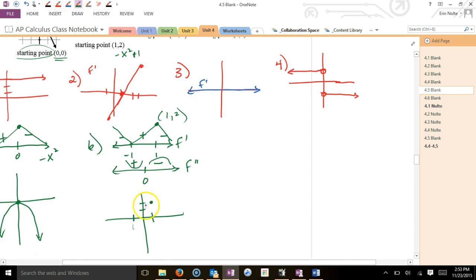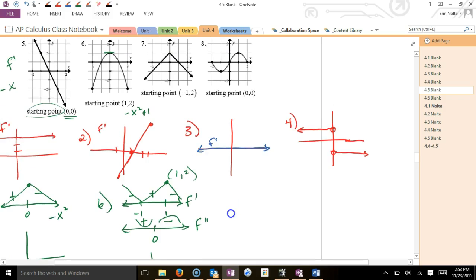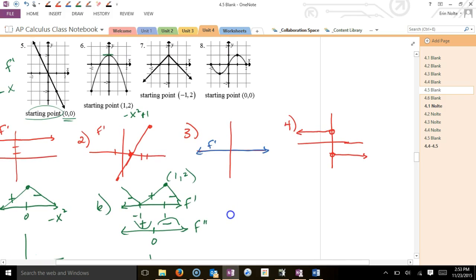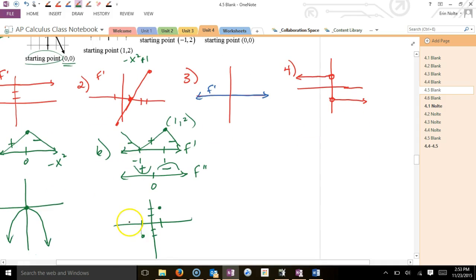So I could really center this and go boom, boom here. And I do believe this function starts and stops between -2 and +2, so we want to be consistent with that. So I have this curvature, this happy face, till we get to 0. We'll just center right there. We'll go boom, and then we have a sad face because there's another max. It goes down to 2. We'll say that's 2.